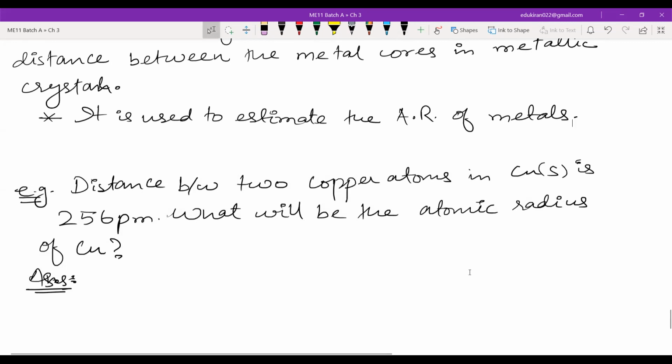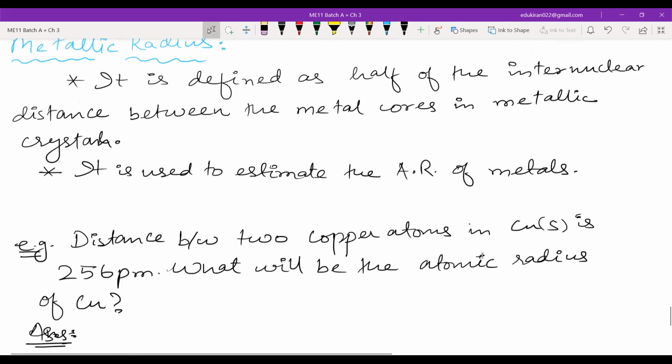Somebody please tell me what will be the answer. The distance between two copper atoms in copper solid is 256 picometer. What will be the atomic radius of copper? Yes, Hamza, very good.